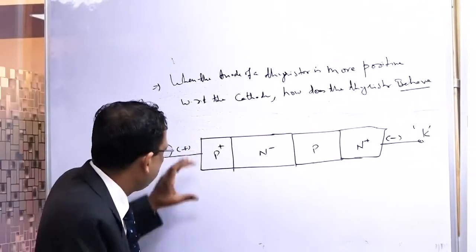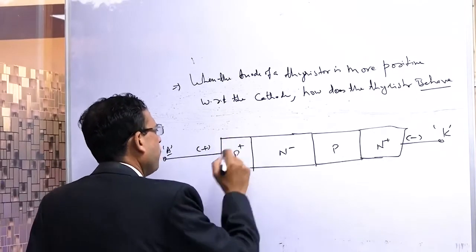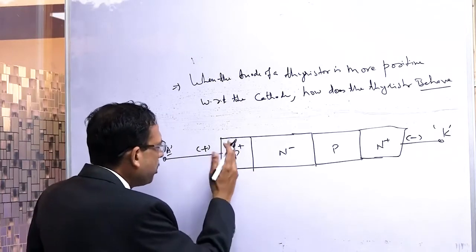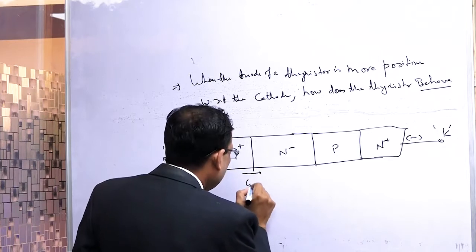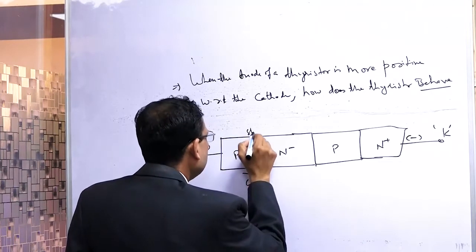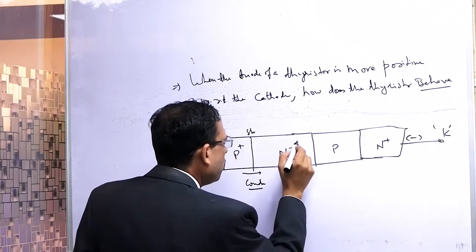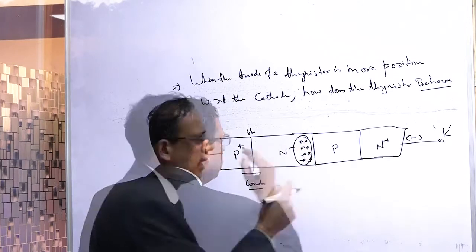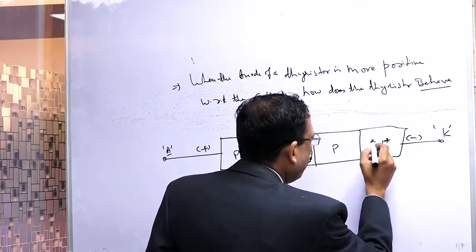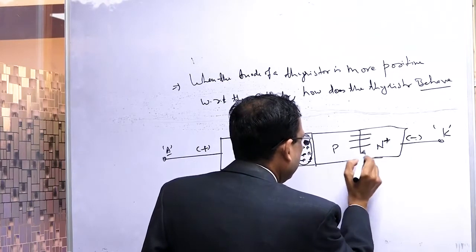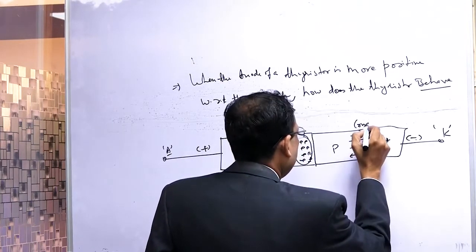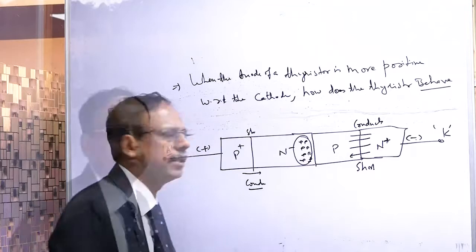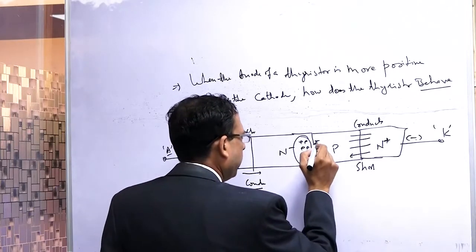With so much positive applied, it will be repelled, and the junction will be conducting. It is a short PN junction, so more positive will come here. And here, where the negative is, more negative will be injected, so this is also going to be conducting, shorted. The negative will come here.